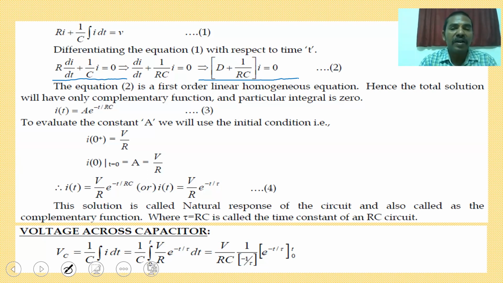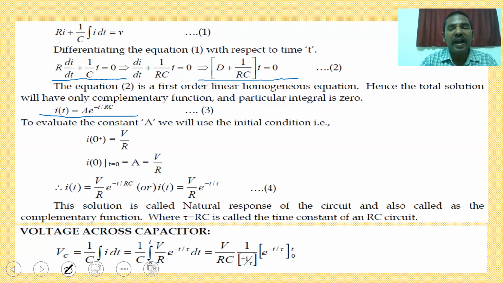The solution for this first order differential equation carries only the complementary function, that is i(t) = A e^(−t/RC). For finding the constant A, you have to substitute the initial conditions.